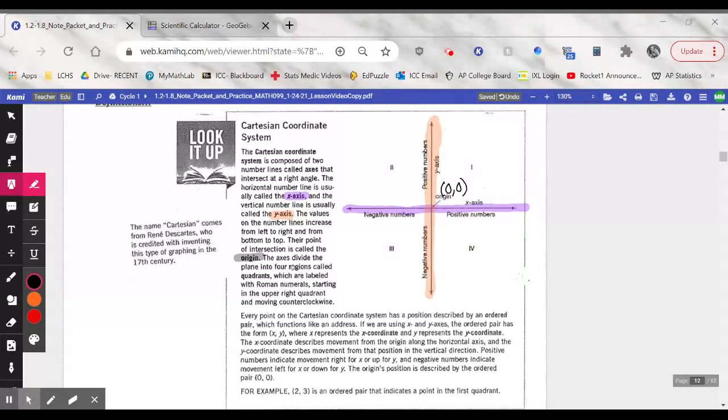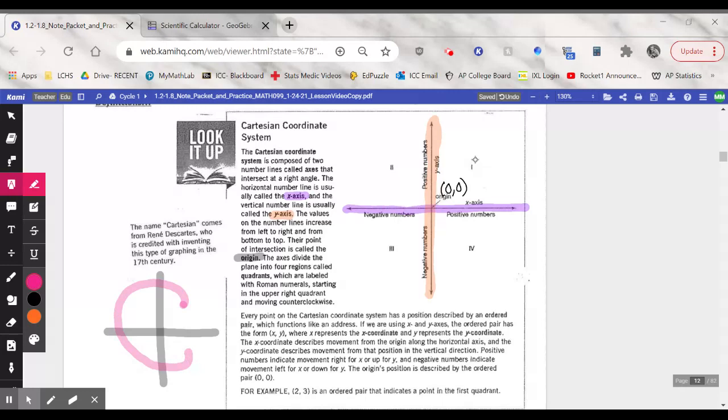The axes divide the plane into four regions called quadrants, and they're represented by Roman numerals. And the best way that I've explained to students in the past on how to remember your quadrants is to think of it as drawing a C. When you draw a C, you start right here and you go counterclockwise.